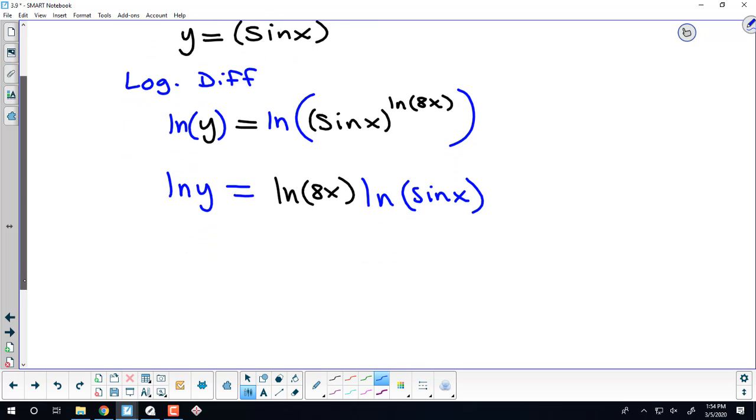Can we do anything else? Natural log sine, just have to leave it alone unless you wanted to write it as, well, yeah, there would be no reason to do that. So we're going to leave that alone.